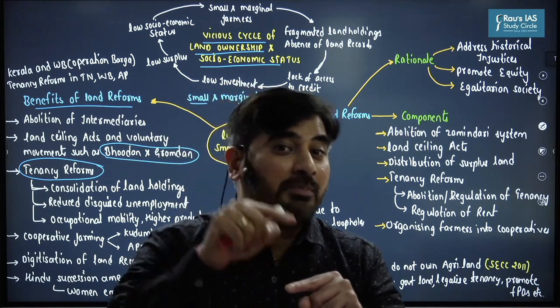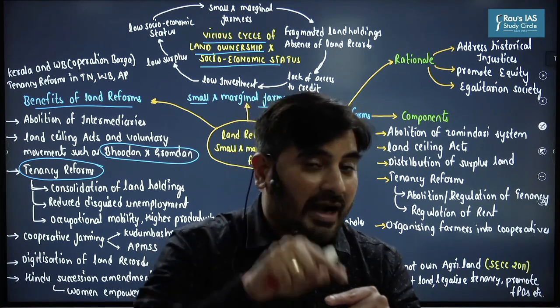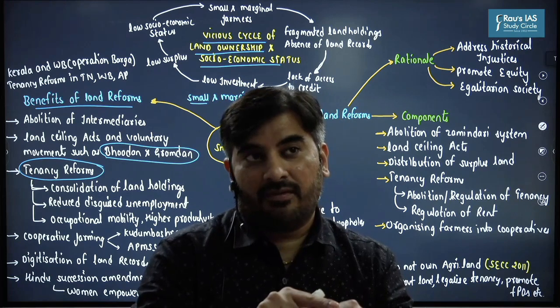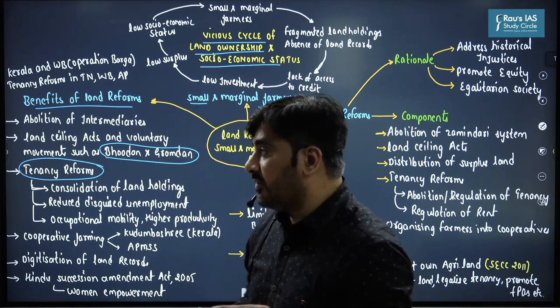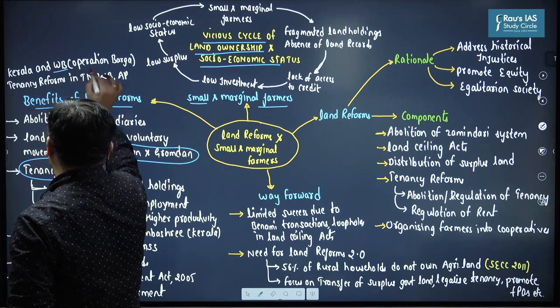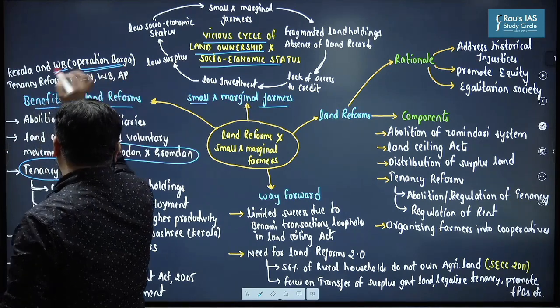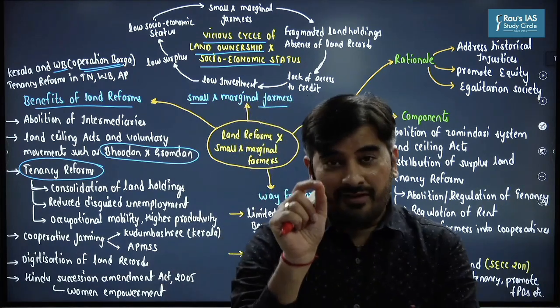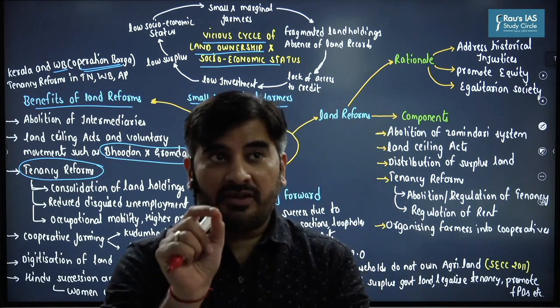So you have to mention in which states land reforms have been successful. Where all have they been successful? They have been successful in Kerala and West Bengal. In West Bengal, the land reform that was started was Operation Barga. So this was a value enrichment point, Operation Barga.